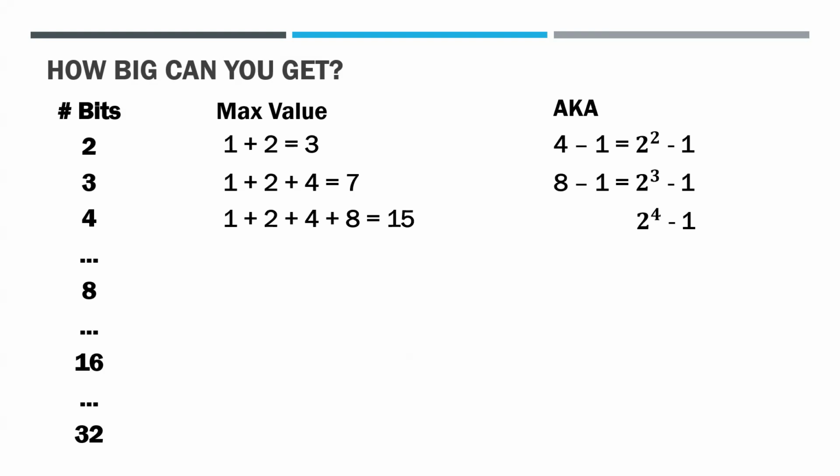So for 8 bits, it's 2 to the 8th minus 1, which if you plug that into your trusted calculator, is 255. That's a number you might recognize from different contexts.